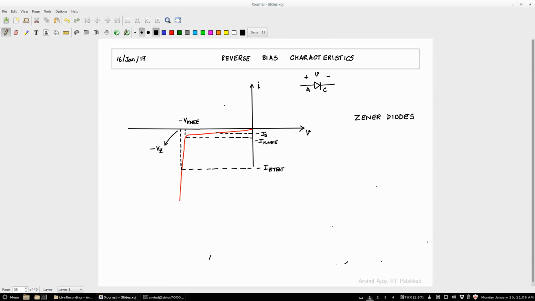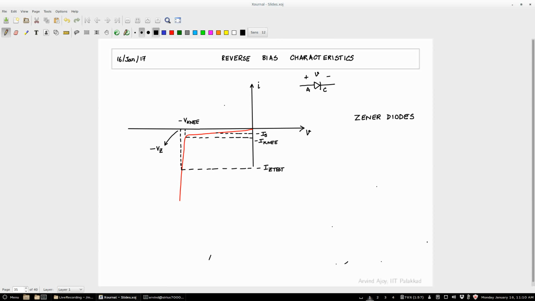Okay, the Z refers to the fact that many of these diodes are called Zener diodes.